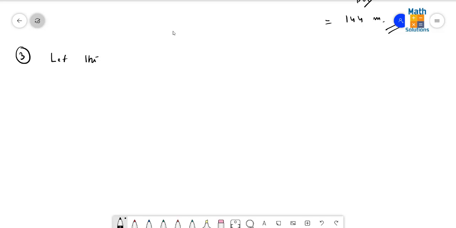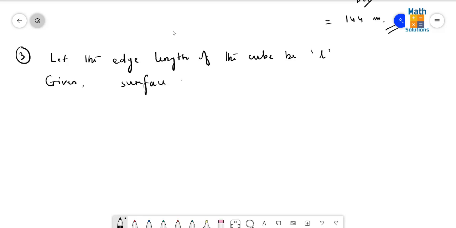Let the edge length of the cube be L. Given surface area of the cube is what? Surface area of the cube is given to be 600 centimeter square. So surface area of the cube means total surface area only. So formula is this one, 6L square is the total surface area of the cube.